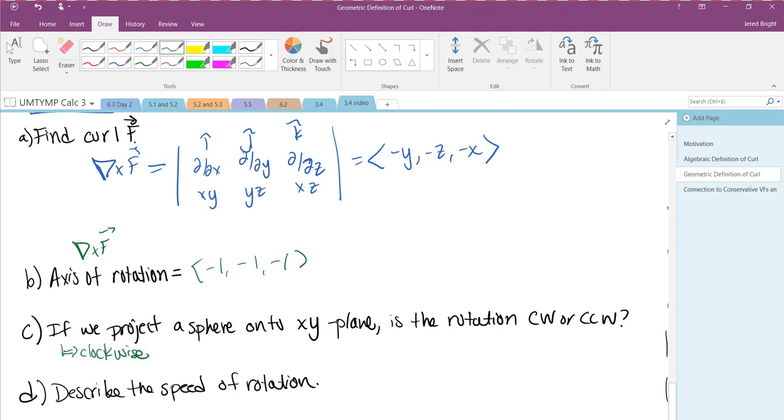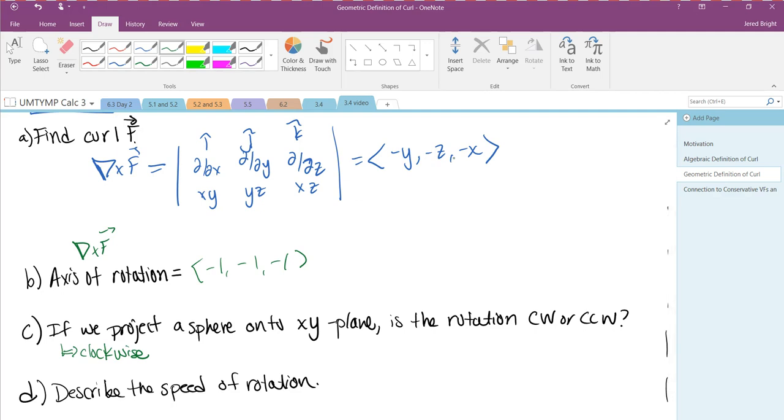Otherwise, we're thinking, okay, if we were to project this into just the x and y components, or the xy plane, then the third component in z diminishes, but that's actually going to describe our curl, right?